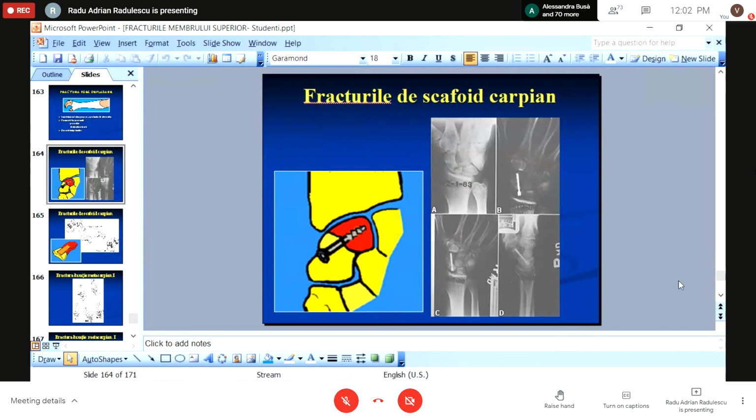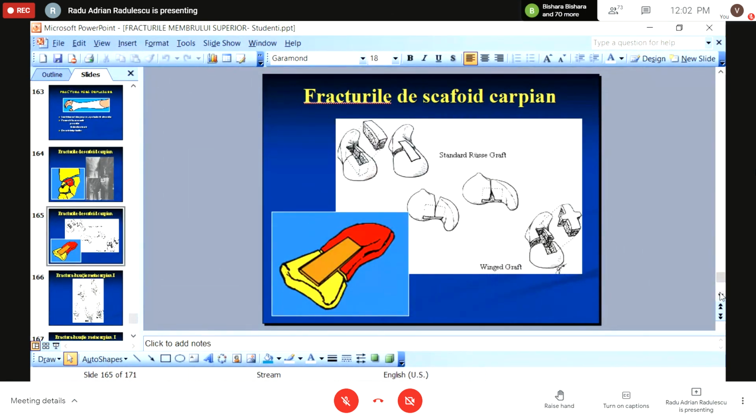If the fracture is displaced, or we could not obtain the union by orthopedic methods, then we need to operate the patient and perform an open reduction and fixation with a compression screw, which will compress the two fragments one to another. Even like this, sometimes we'll not obtain the union, and then we may need to bring some graft at the level of the fracture.